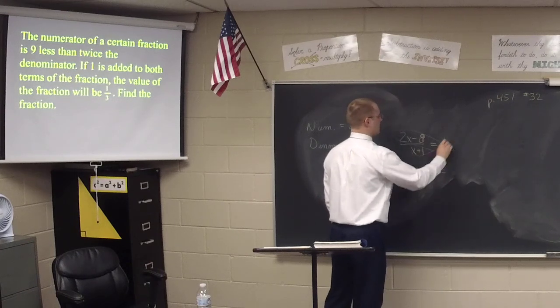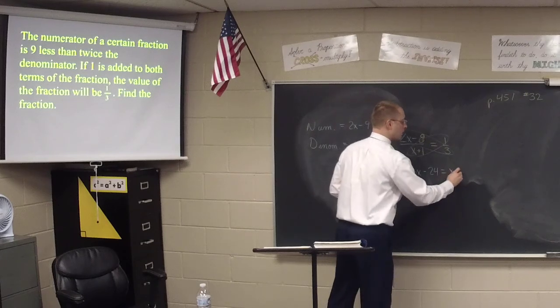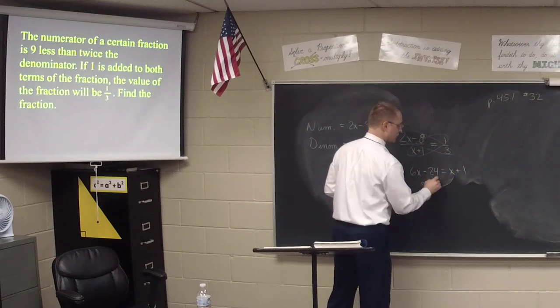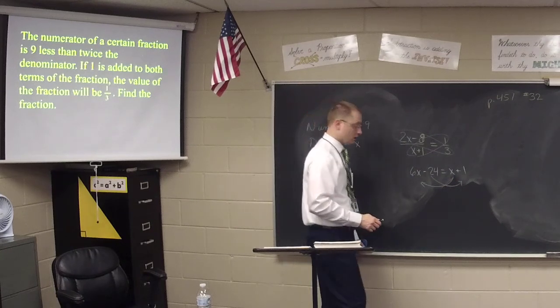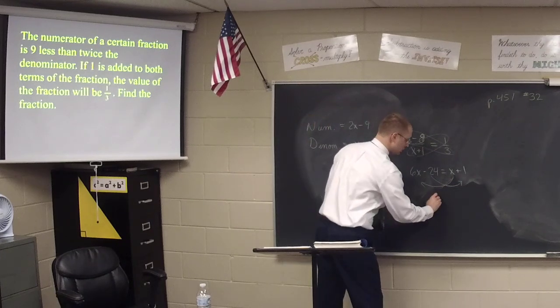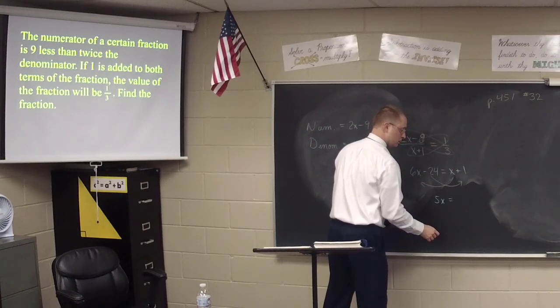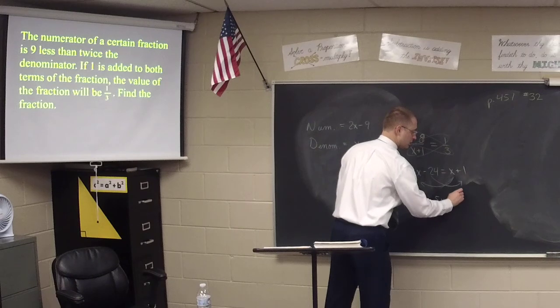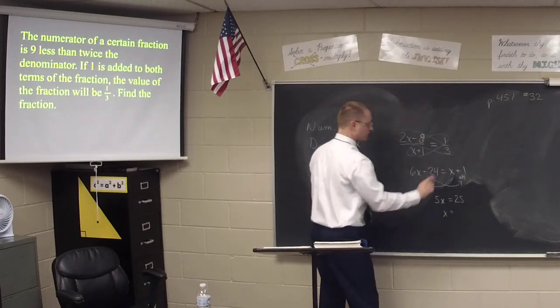And then, of course, the means just x plus 1. And then let's pull a double switch. Send the x over, send the 24 over. We get 5x equals 25, so x just equals 5.